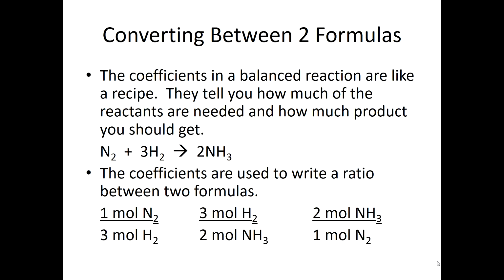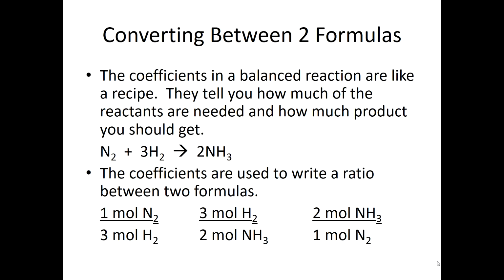So if we were comparing nitrogen to hydrogen, it would be 1/3. 1 is the imaginary coefficient in front of nitrogen. 3 is the, it's not imaginary, 3 is the coefficient in front of hydrogen. If you were comparing hydrogen to ammonia, the ratio would be 3:2. 3 is in front of hydrogen, 2 is in front of ammonia. And then if you were comparing the ratio of ammonia to nitrogen, it would be 2:1.